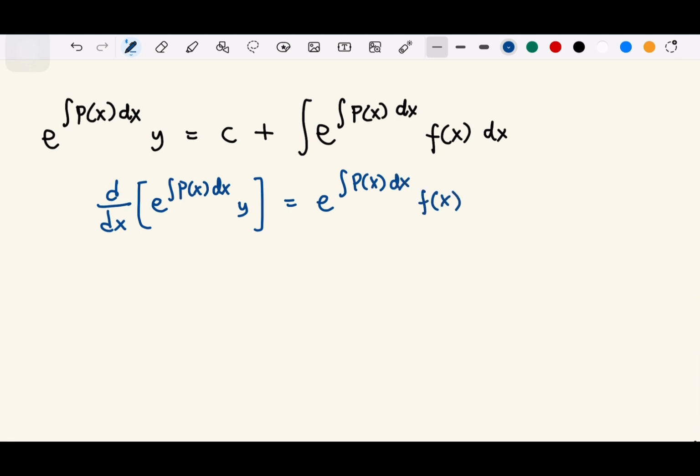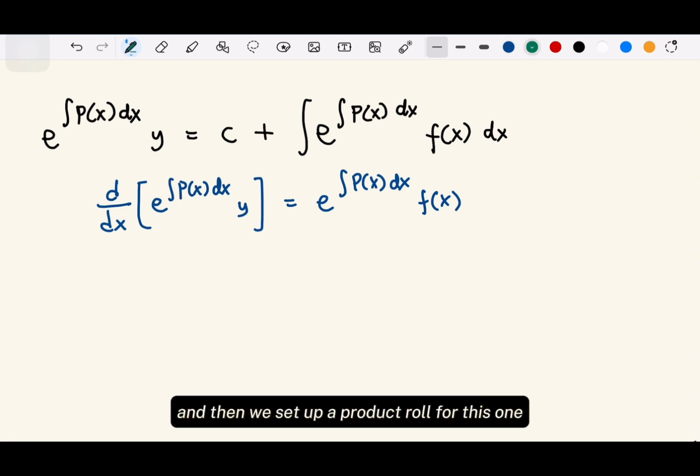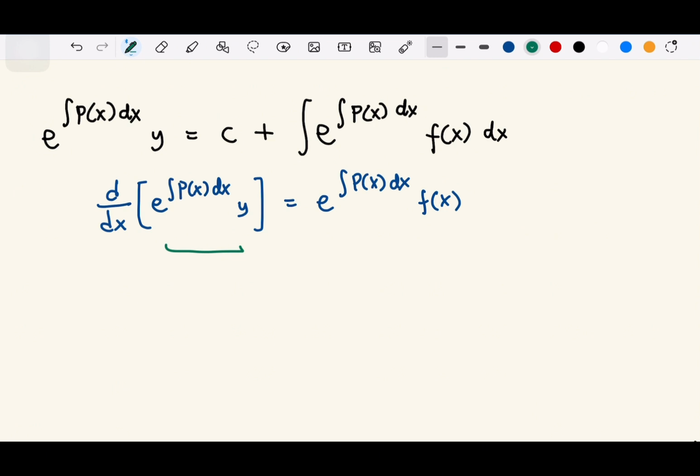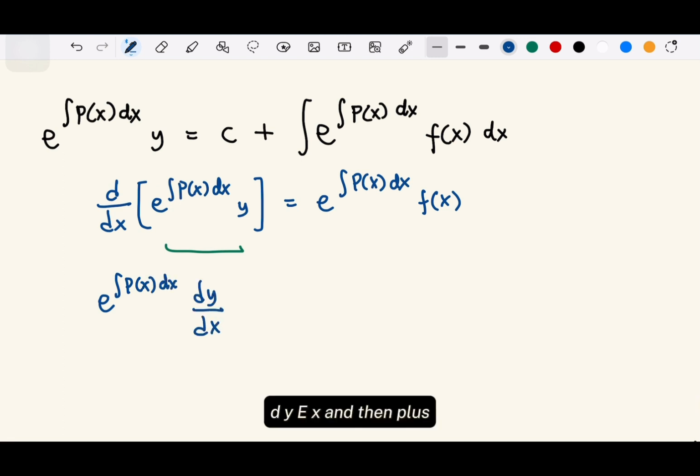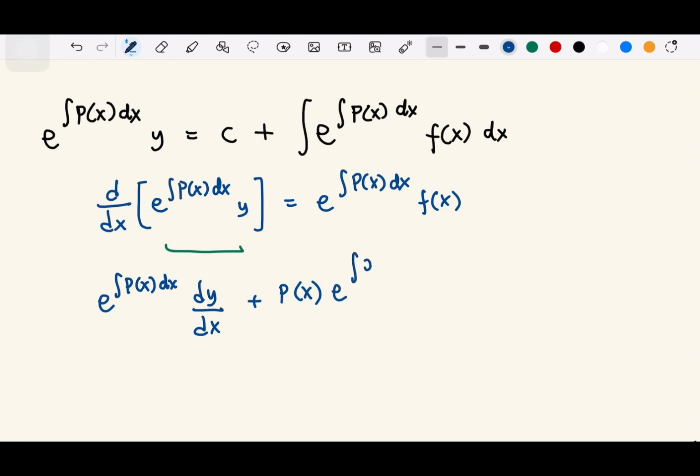Okay, and then we set up a product rule for this one. So this will be e dy dx, and then plus p of x e and then y, and then this is equal to e.